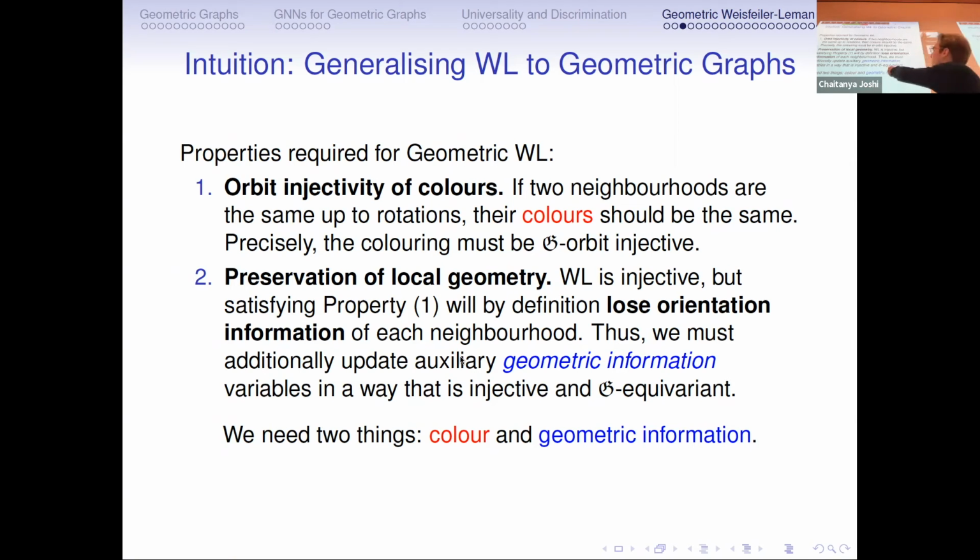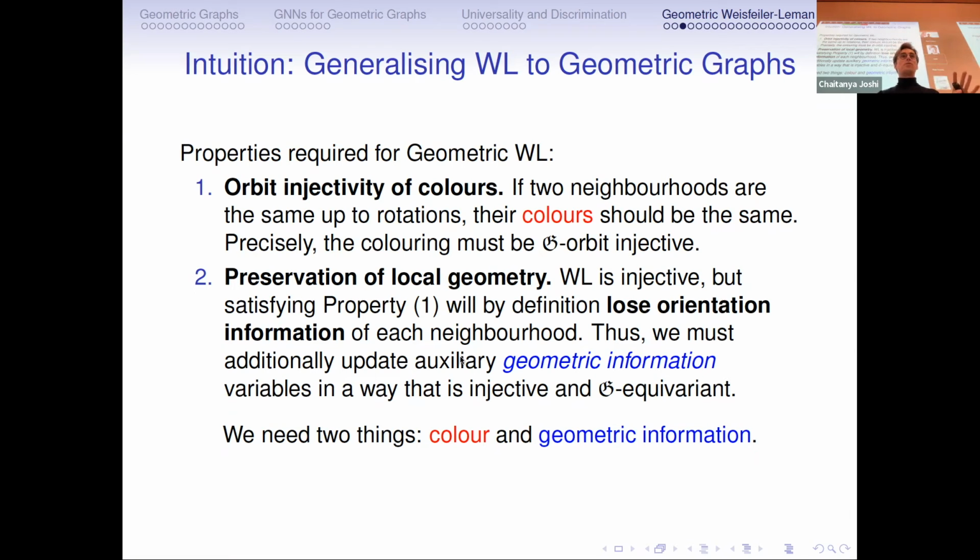And for the orbit injectivity of colors, we essentially just assume that we have an invariant hash function for the moment, as we had in the Weisfeiler-Leman case. And I'll say a little bit about constructing these invariant hash functions in practice at the end of the presentation. So this is the intuition.